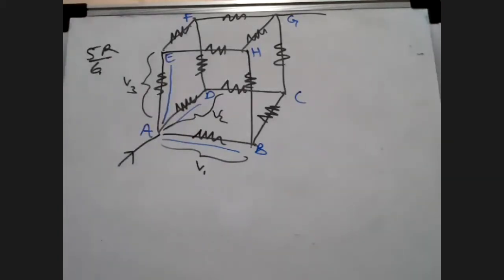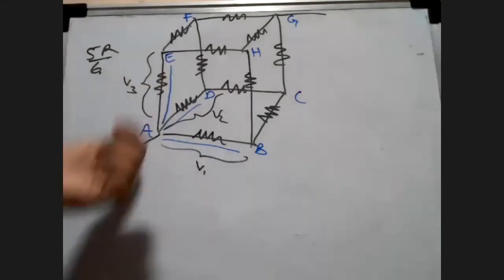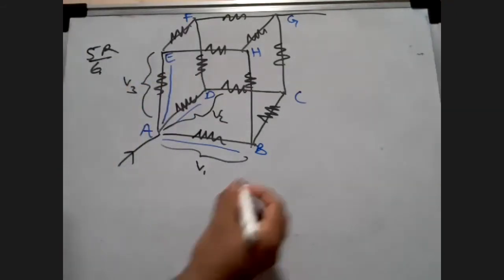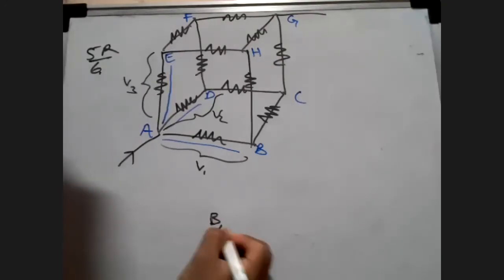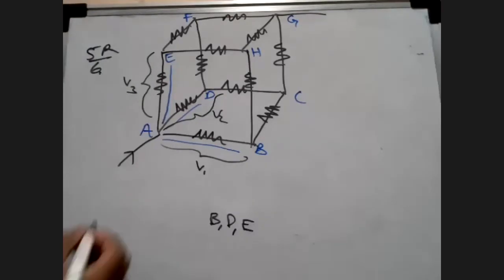So in that case, what I will do is this smart trick. What I'm trying to tell you is that if the potential difference across all these A to B, A to D, and A to E is all the same, can I say that B, D, E, and A, the potential difference between A and B, A and D, A and E is all going to be the same?